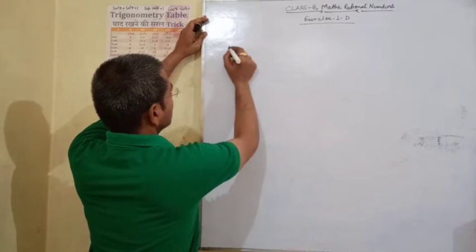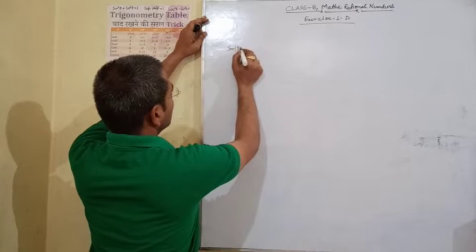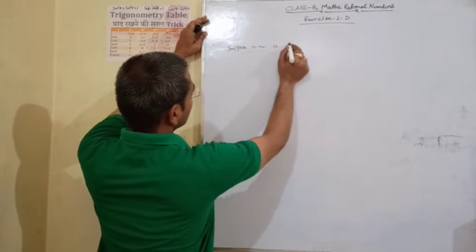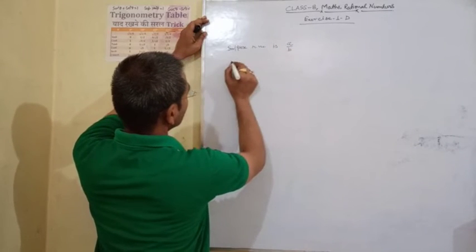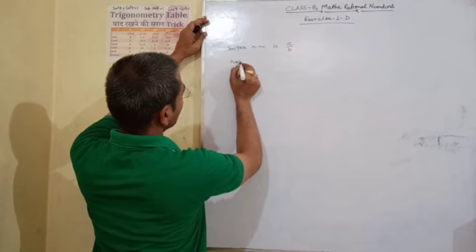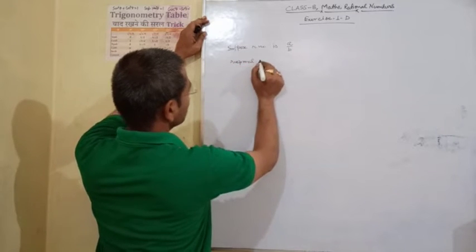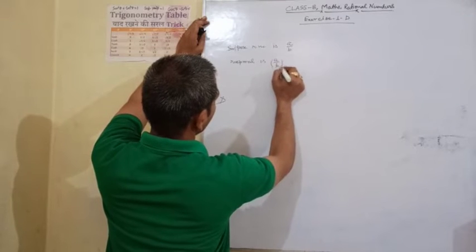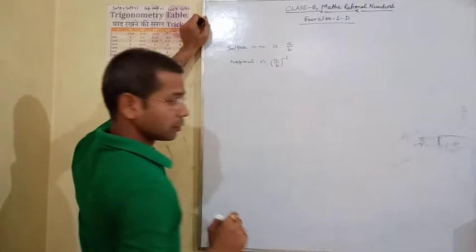Suppose a rational number is a upon b. The reciprocal is a upon b to the power minus 1.